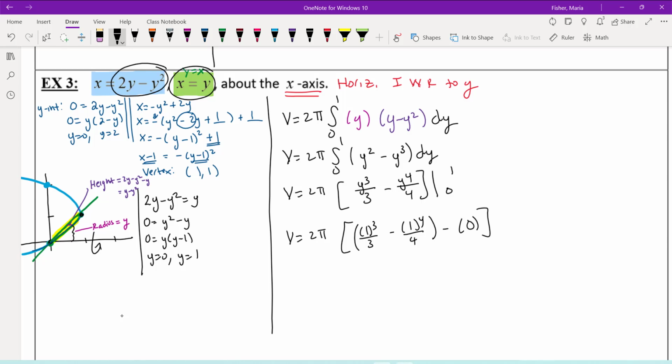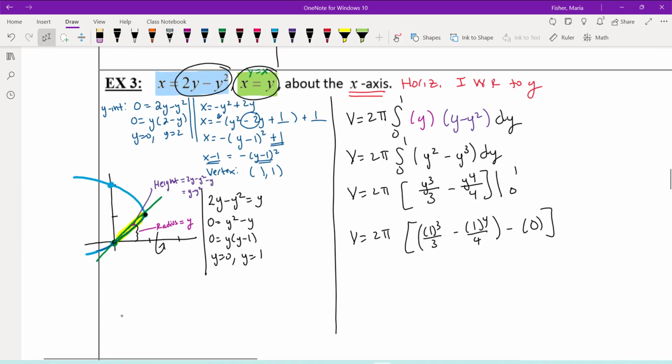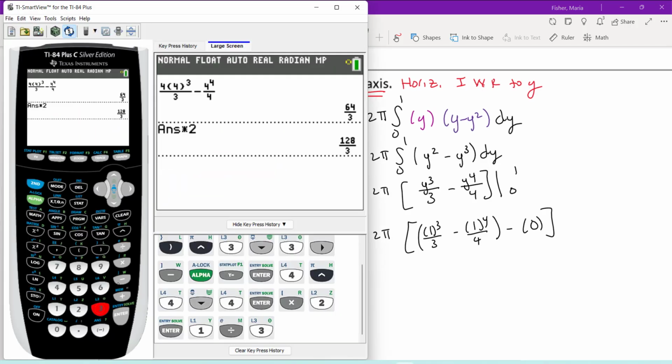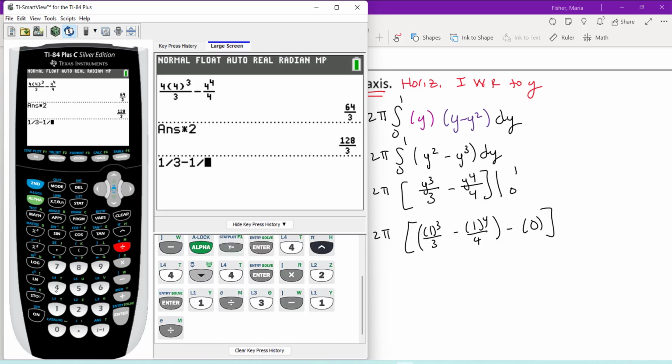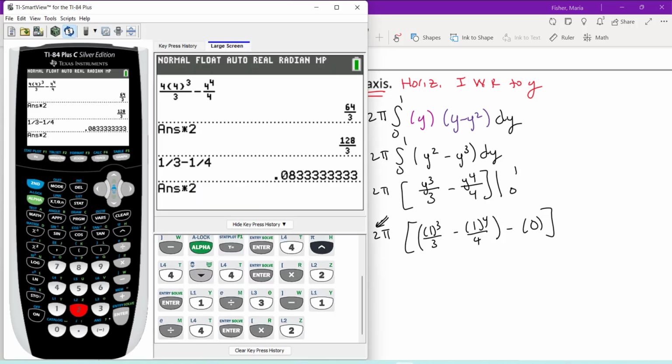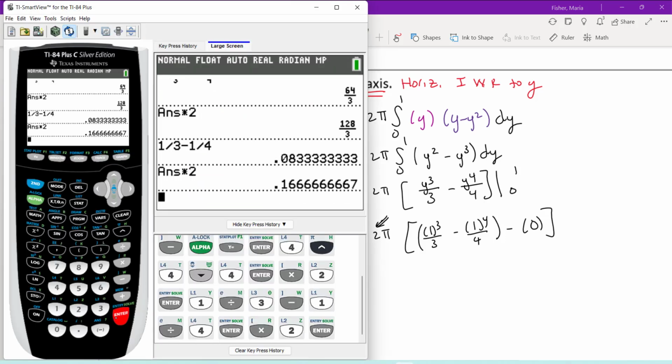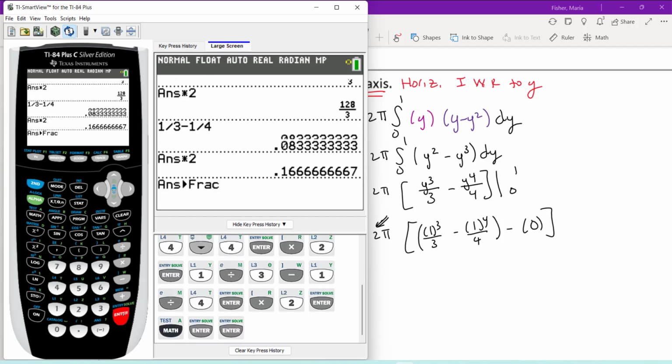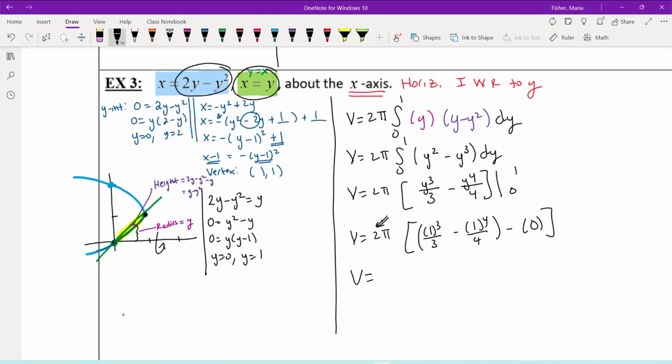If we put that in a calculator, we just really need it to be 1/3 minus 1/4. And we're going to go ahead and take this number and multiply it by 2 to find our final answer. Make that into a fraction, and we end up with 1/6. So our answer is going to be pi over 6.